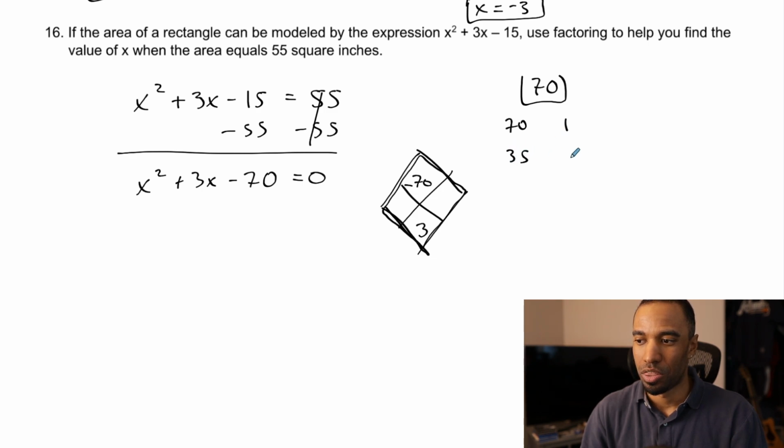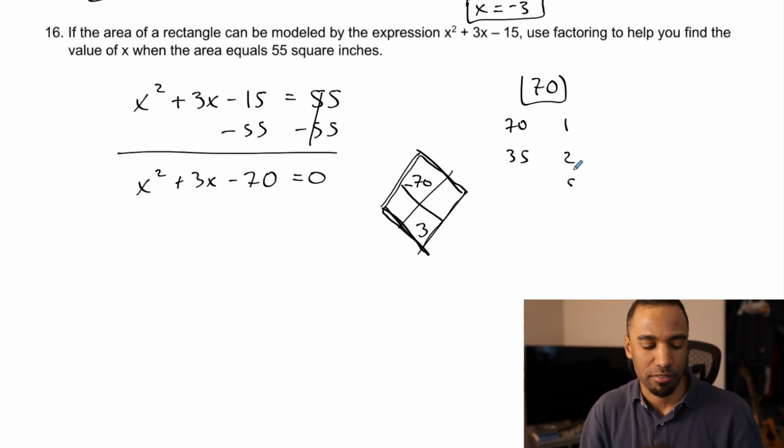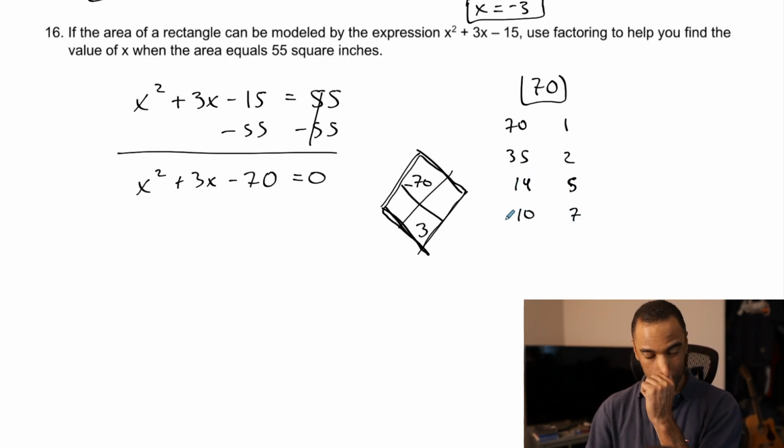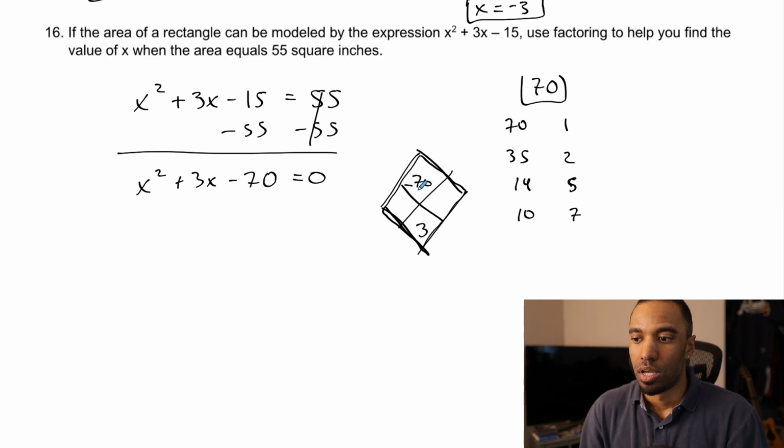That being said, I'm going to list all the factors of 70 just in case it may be something else. 70 and 1, 35 and 2, divide by 5, excuse me, not 5. Yeah, 5. 5 and 14, and 7 and 10. Okay, so those are the ones. Negative product, positive sum. Once again, subtract the small ones. 69, 33, 9, 3.